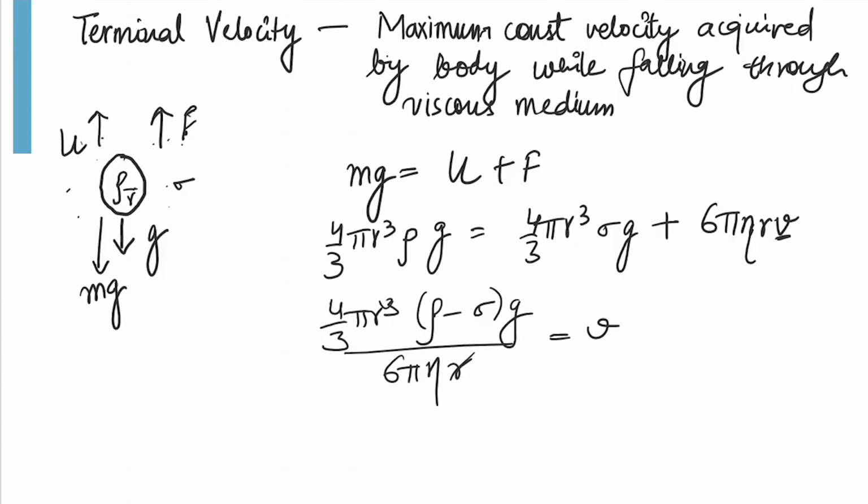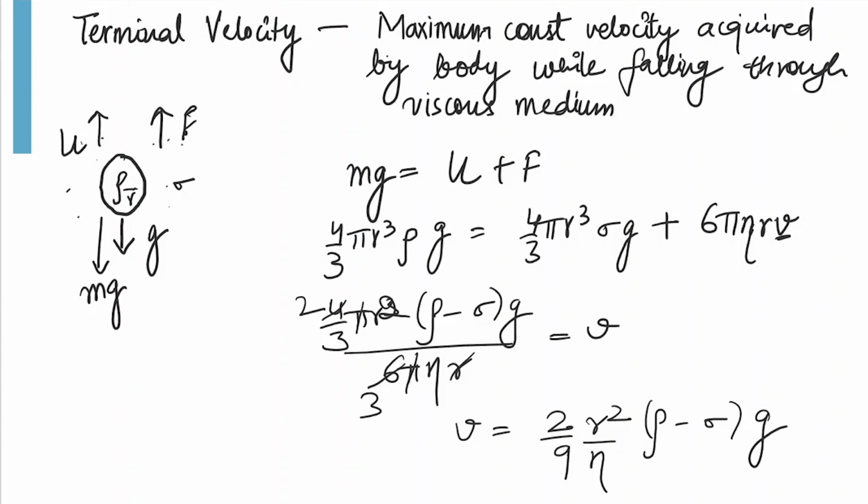So we will cancel out this r, this will become r square, pi with pi, and this 3 with 2. So our final expression for terminal velocity will become 2 over 9 r square over eta (rho minus sigma) g. So this is our expression for terminal velocity.